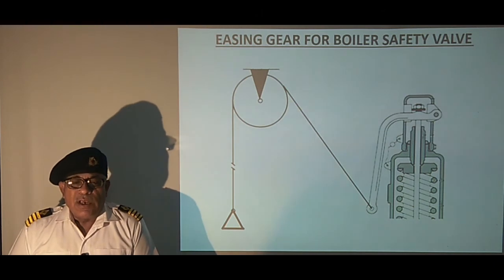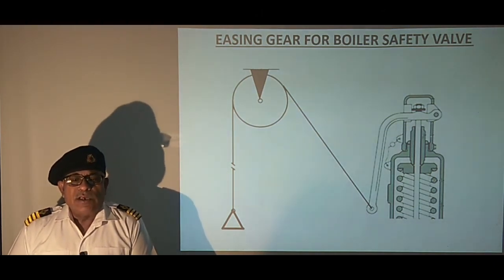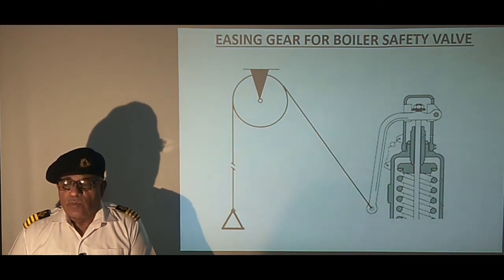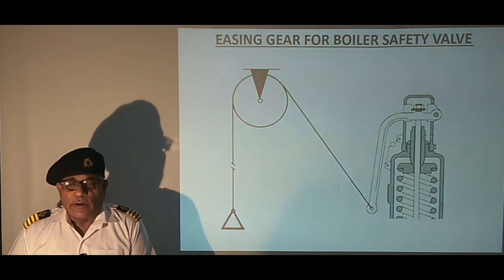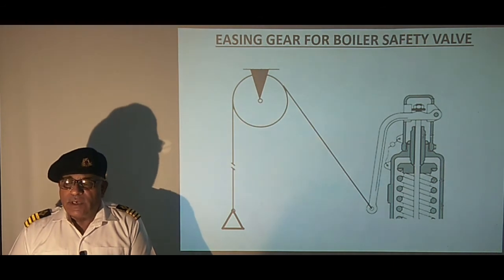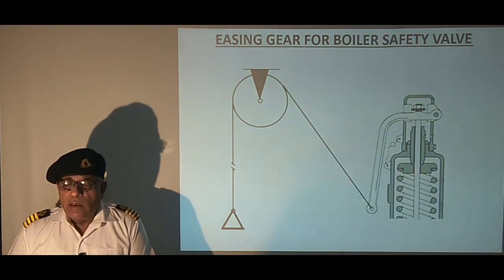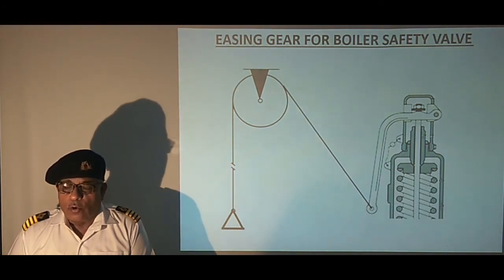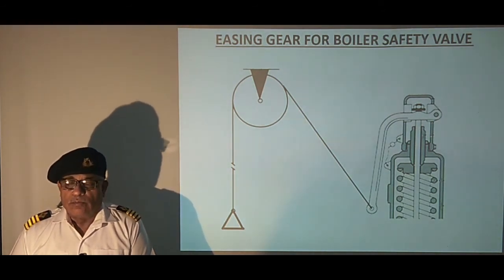Lastly, we will see how the easing gear is connected to the boiler and how it is operated. So this sketch shows an easing gear arrangement to lift the safety valve manually from a convenient location if it does not lift on its own under steam pressure.